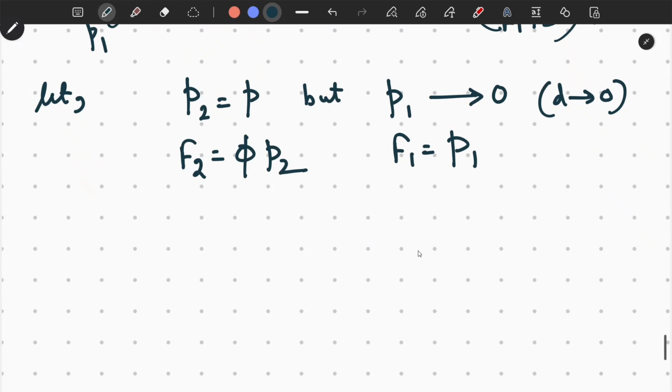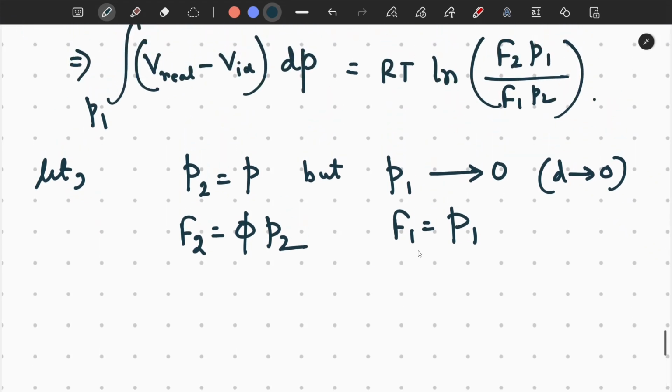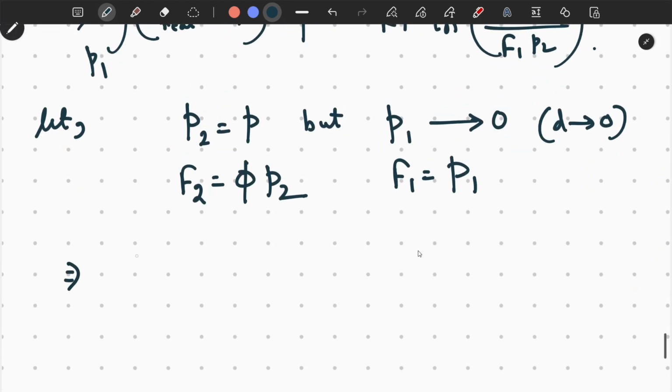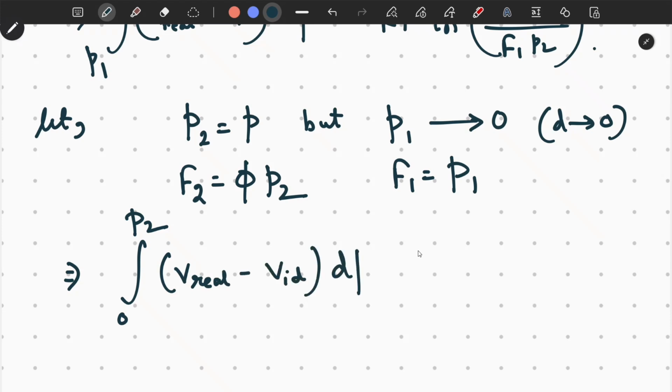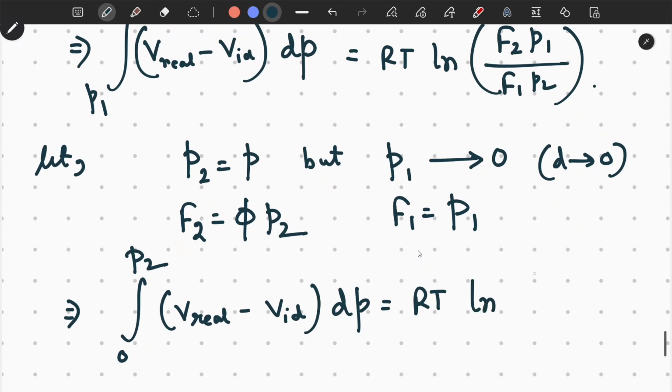If you use it, then the above equation can be written as integral from P1 equal to 0 to P2 of V real minus V ideal dP. That will be RT ln F2 over phi P2.